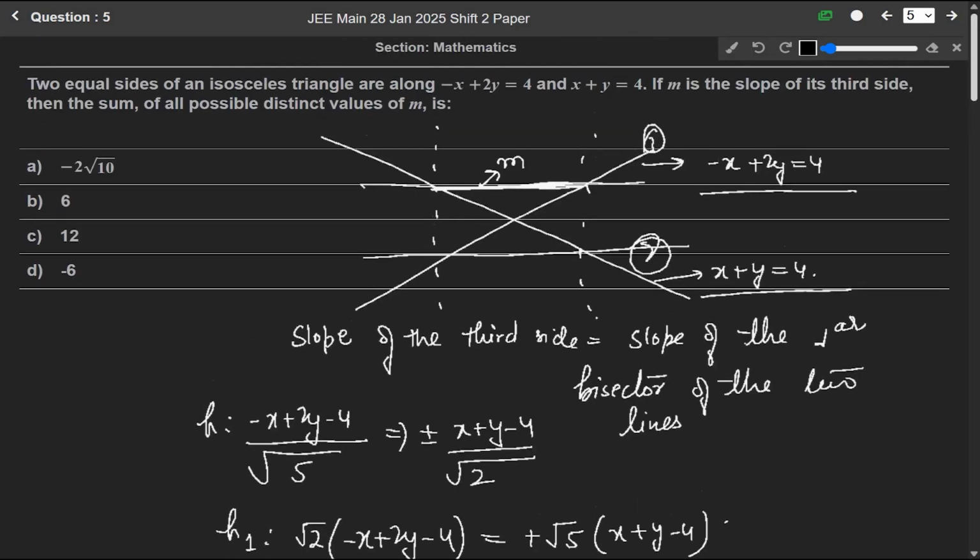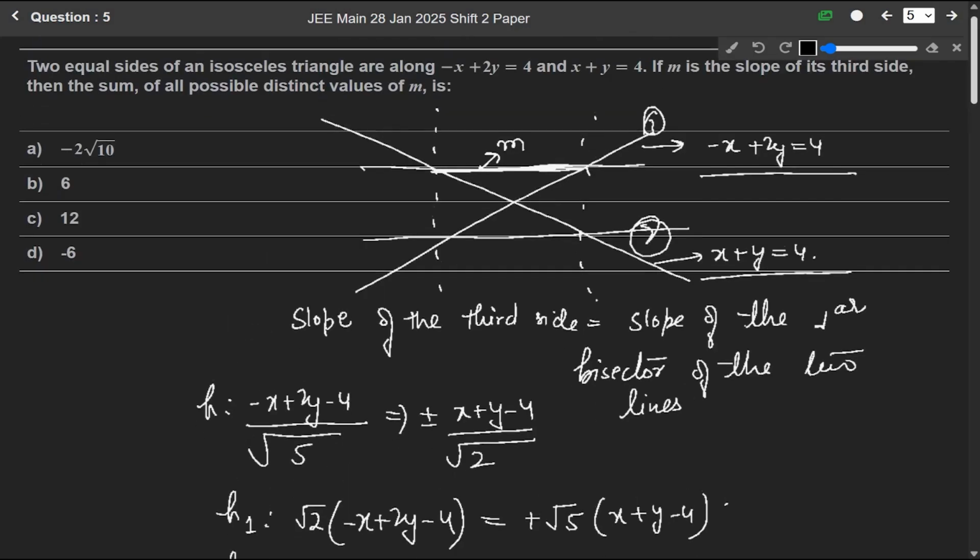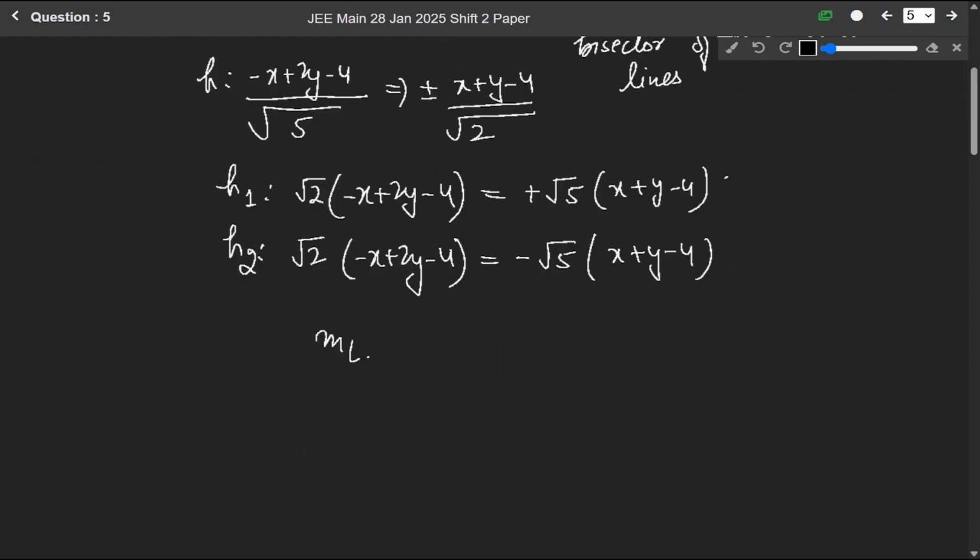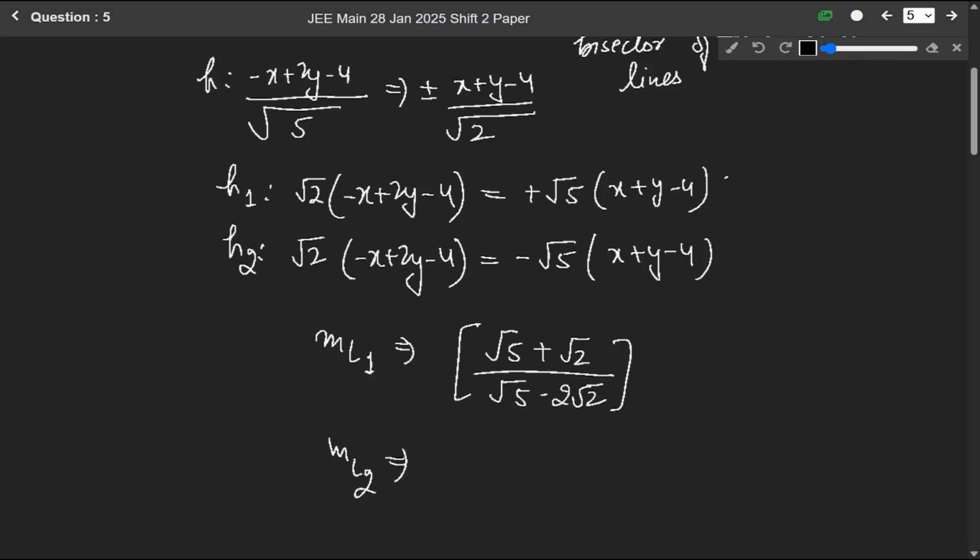Okay, so we have to find the values of m. For line L1, it will be under root of 5 plus under root of 2 over under root of 5 minus 2 root 2. And for line 2, it will be under root of 5 minus under root of 2 over under root of 5 plus 2 root 2.